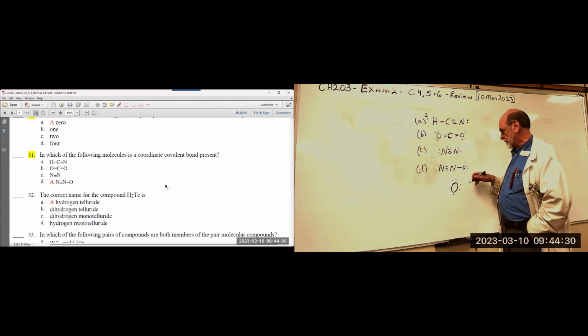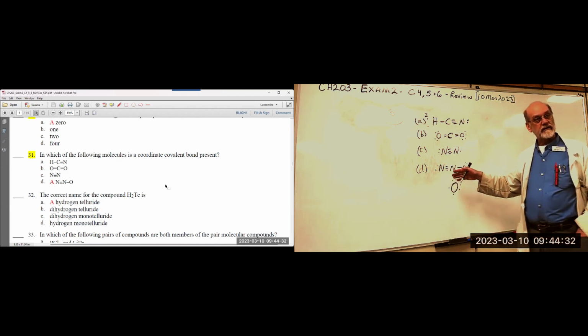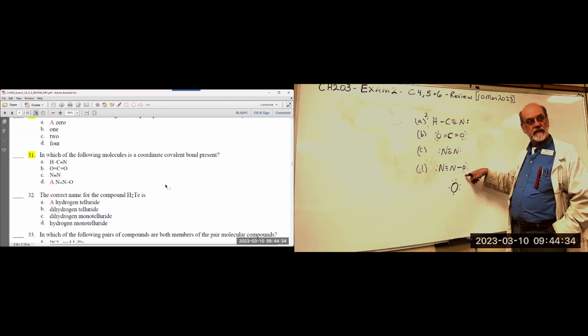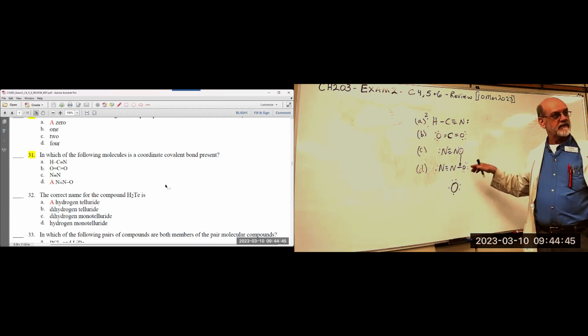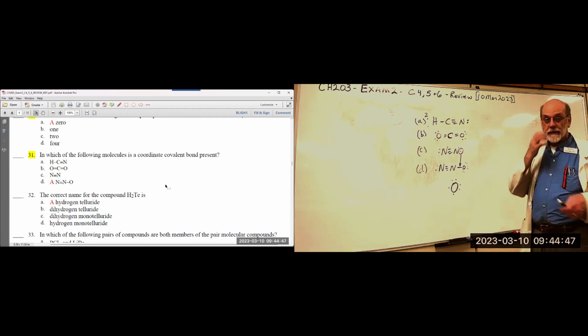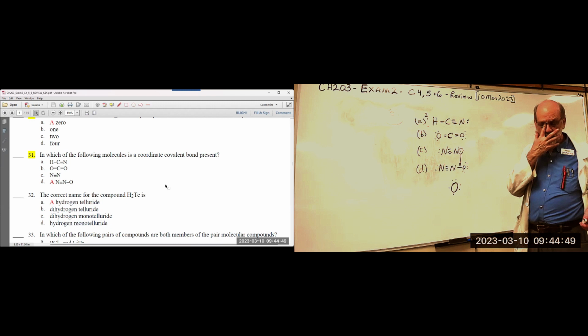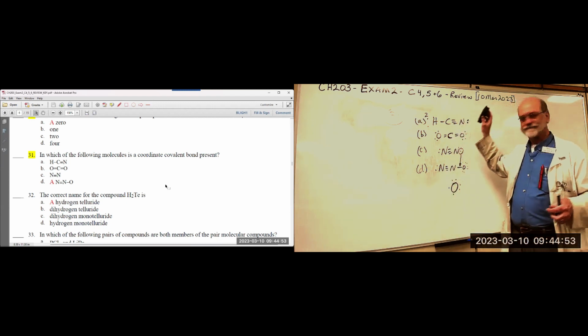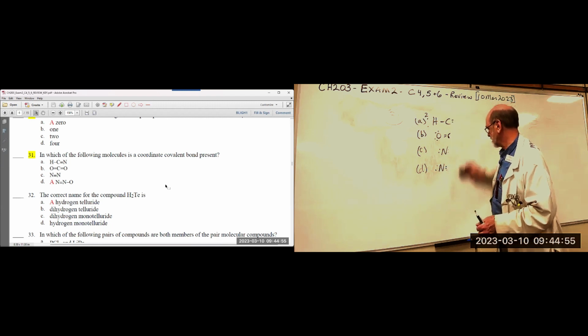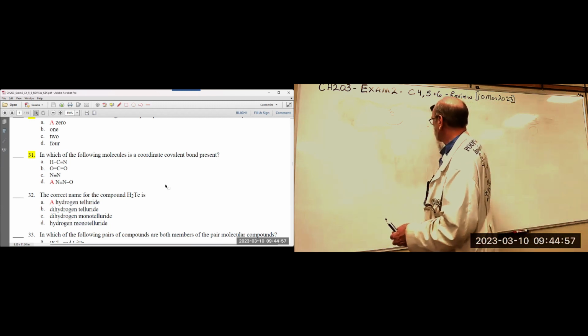But how many does it have after the bond? It's still got 6. So that's how you would deduce that the bonding pair came from nitrogen here to form that bond, because oxygen still has its 6 original electrons. That's the only way I can make sense of this one. Your other option is just memorize it.